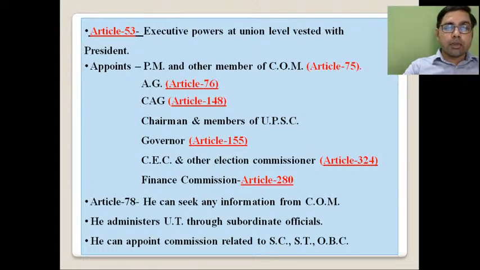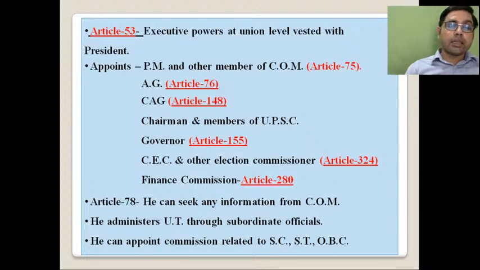So these come under the executive power of the President. Then under Article 78, which I will also discuss later while discussing the position of the Prime Minister, the President may seek any information from the Council of Ministers: what kind of proposals for legislation they are about to present, what kind of policies are being formulated. Such information he may seek from the Council of Ministers headed by the Prime Minister.